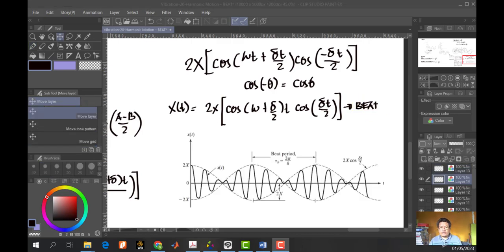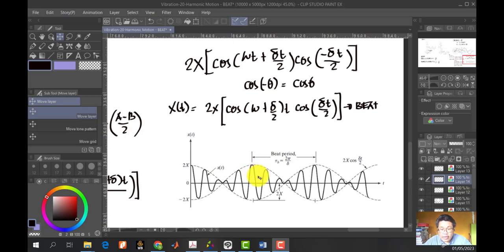This can be further explained by this graphical representation. Whenever the amplitude reaches its maximum value, that is what we call the beat.